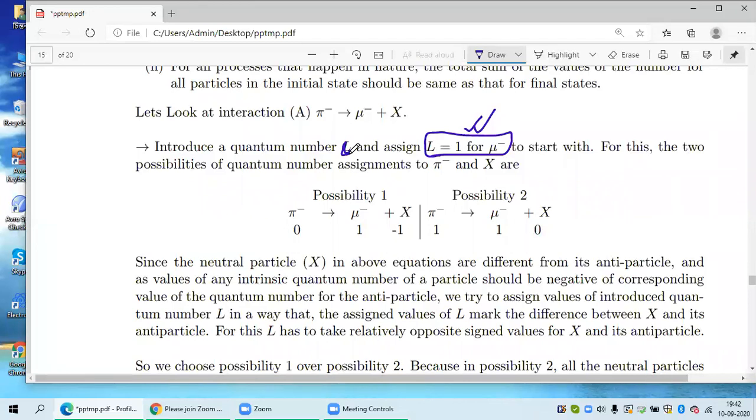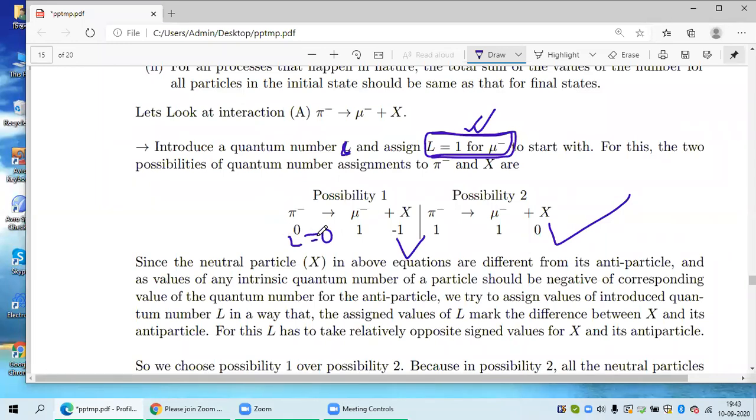It is the lepton number, but since I am telling you how it historically came into being, I just assign L as an initialization. For this initialization, either this has to happen or this has to happen. These 2 are possibilities. Now, according to this, pi gets L value 0. That means pi minus, its antiparticle is pi plus.